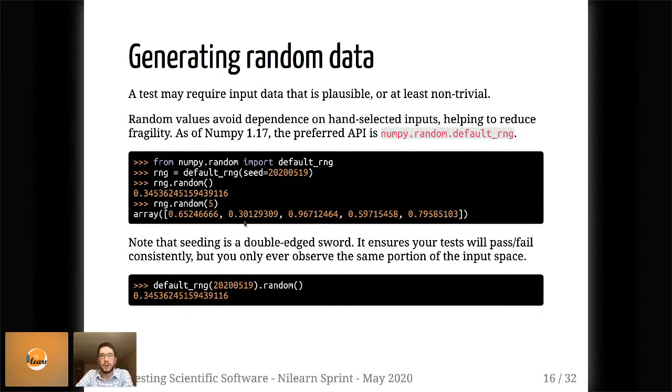The thing that can be problematic is if you don't seed and your CI just starts failing once every 3 months because of some particular random number, it's going to be really, really hard to track down that bug. So you're going to need some other approach for handling that case.